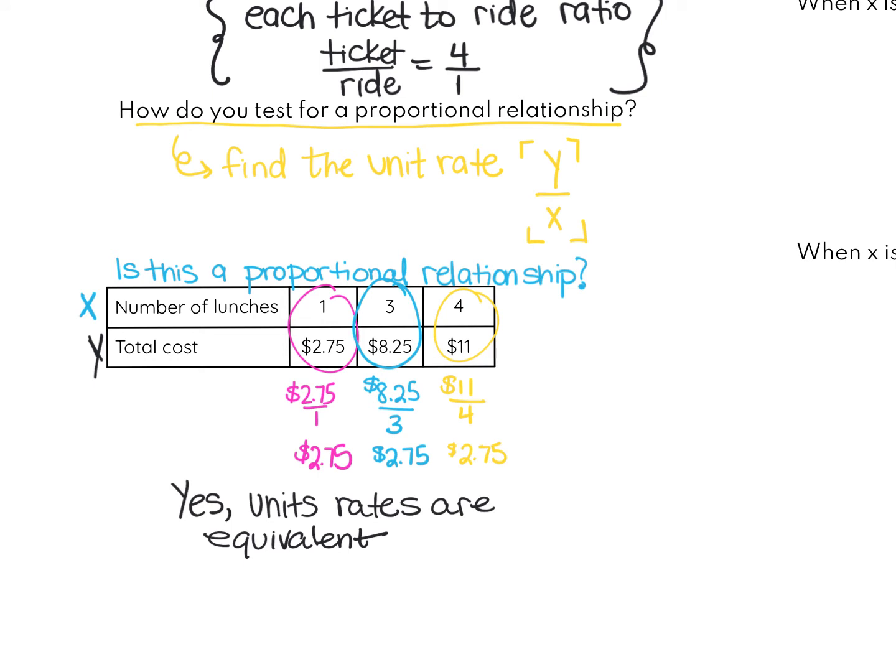When we generalize this with our x and y, this is the lunches, or x, times our important number right here, 275, is going to equal the cost, or y. So whatever number of lunches you want to buy, you're going to multiply that by 275, and that's going to give you the total cost.